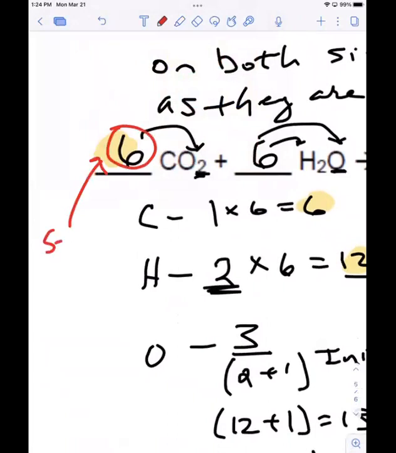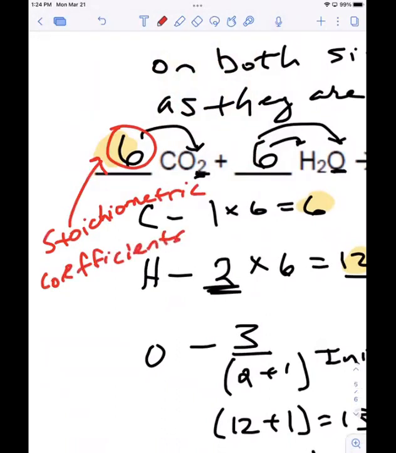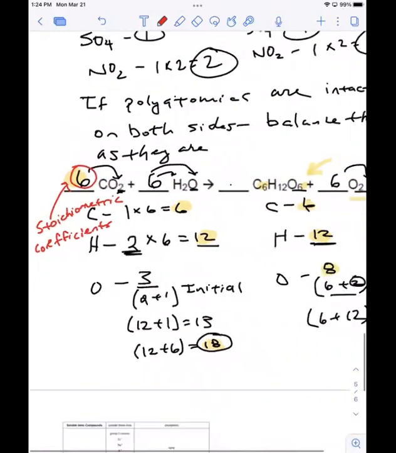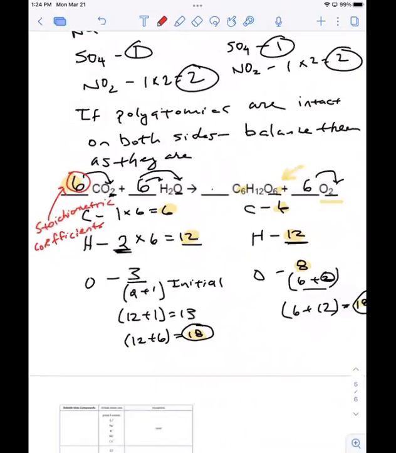These are my stoichiometric coefficients. And these numbers tell me my relationships between the atoms or molecules that are reacting and the products that are formed. And they also tell me the ratios of each one of those, right? That's how they exist in a specific or relative number based on those coefficients.